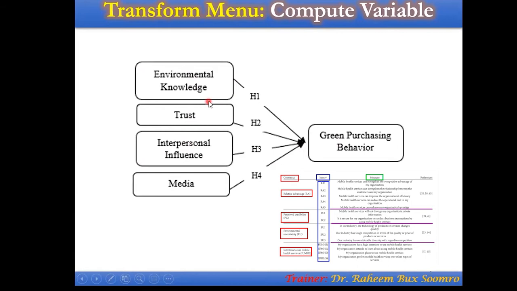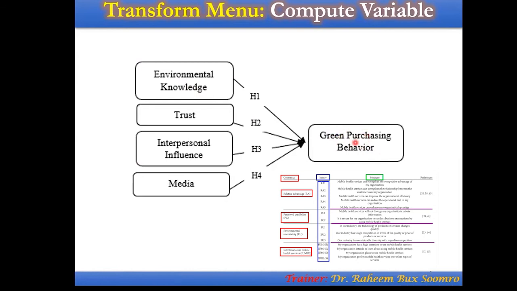Now it's very difficult to regress the different items of this construct with the different items of that construct. It's not possible. So what is the solution to this problem? We should compute a new variable, green purchasing behavior, by adding all the items of this construct and dividing by the total number of items.